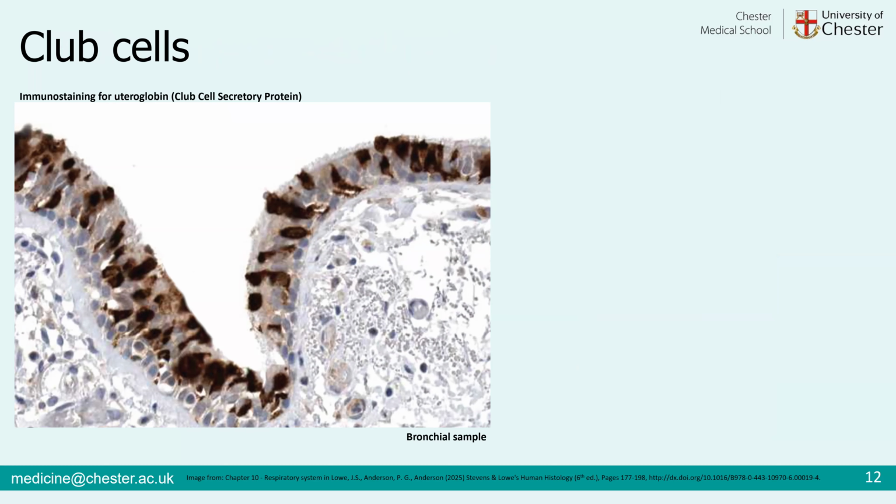The key with this is basically wherever it's brown, that's telling you where it is. Everything else is blue. So this is all of our epithelium here. All those brown staining cells are those club cells we just mentioned. It says here, this is a bronchial sample. So we start to see more of them as we go down into those lower airways.